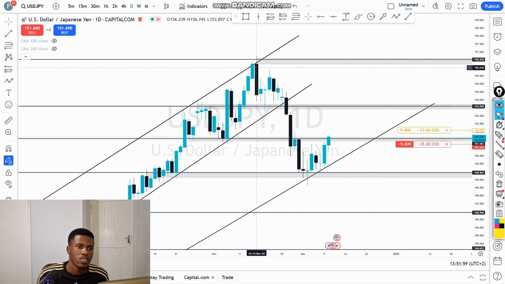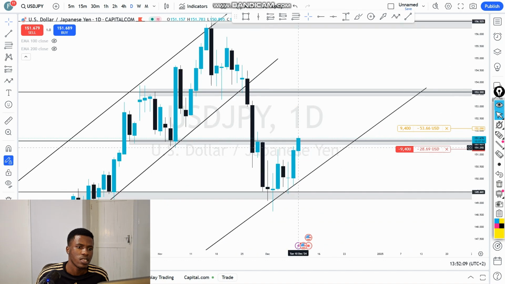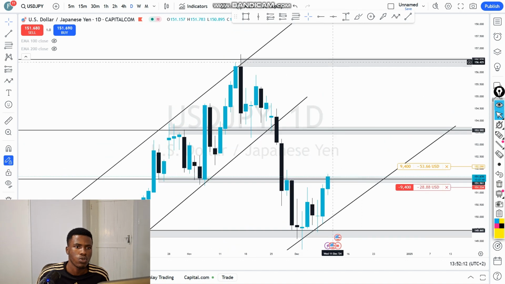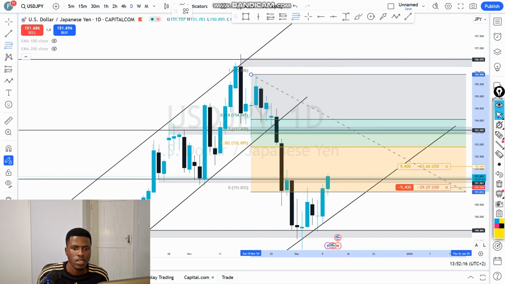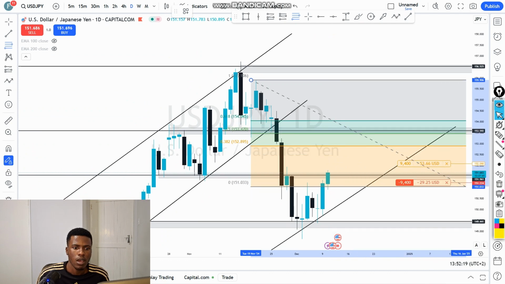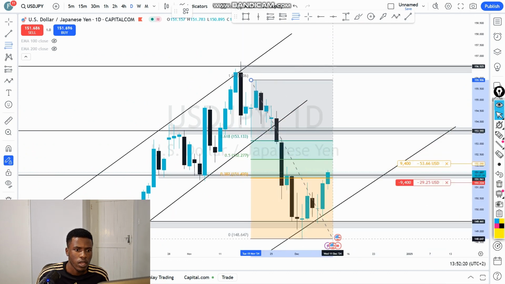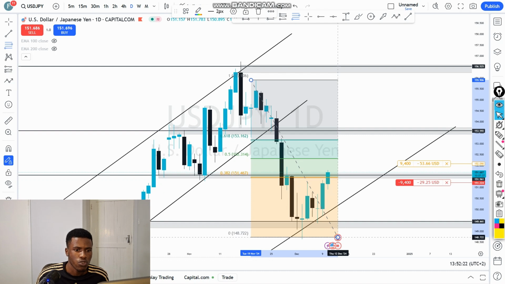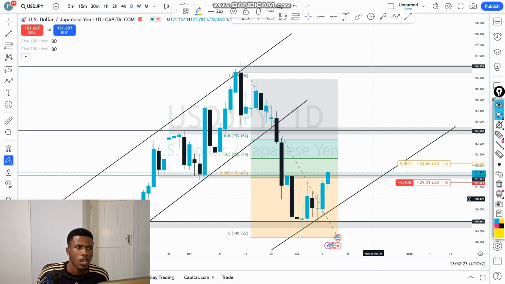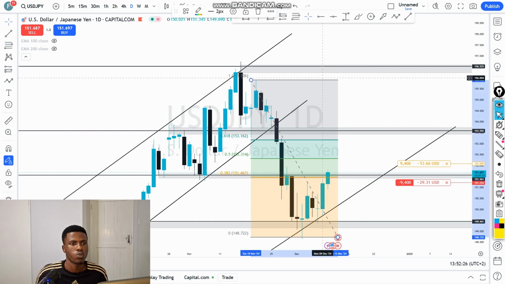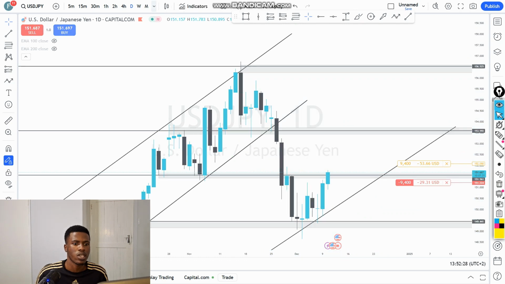So after seeing this bearish month right here and then coming back to retest a previous support, which is now resistance, I did see an opportunity to go short on USD JPY, and also using my fib retracement, you can see that we had a 38.2 retracement. So that's why I went on and took this position to the downside on the lower time frames.